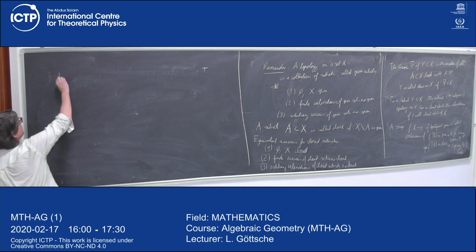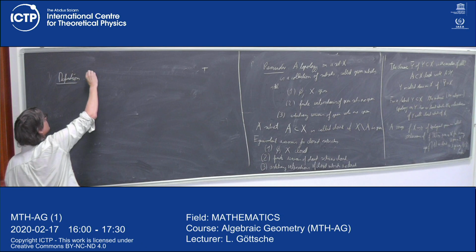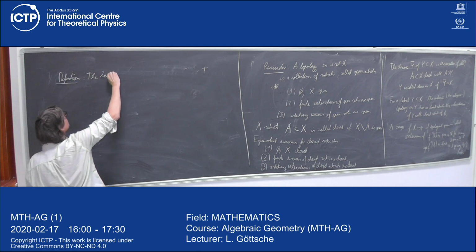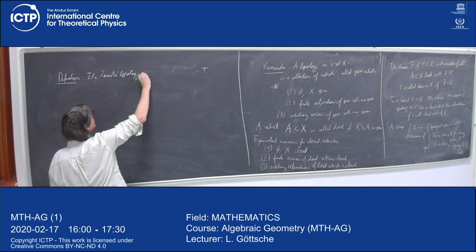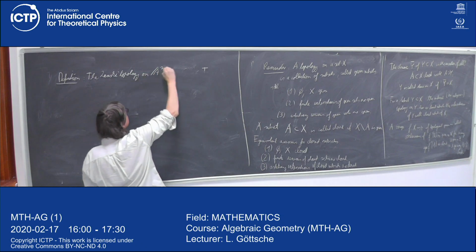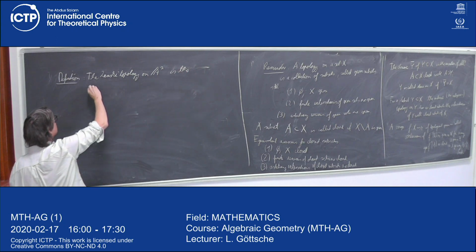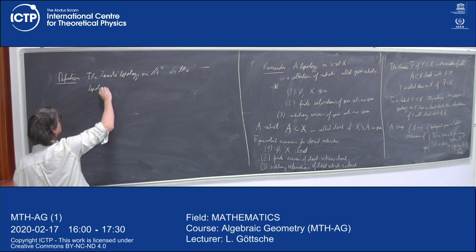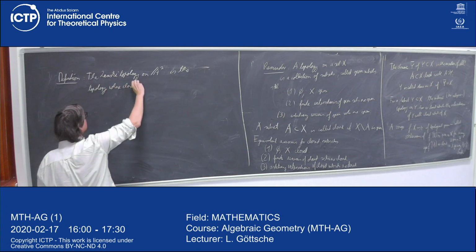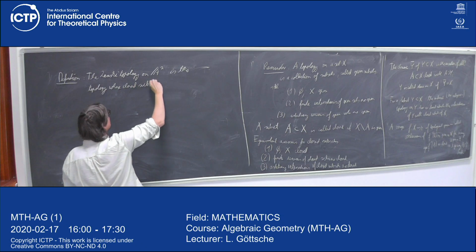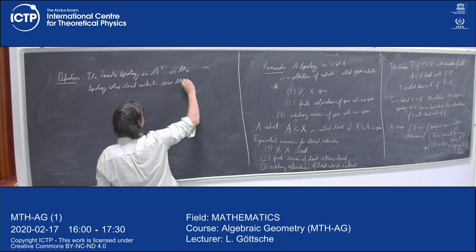So the Zariski topology definition: the Zariski topology on AN is the topology whose closed subsets are the affine algebraic sets.